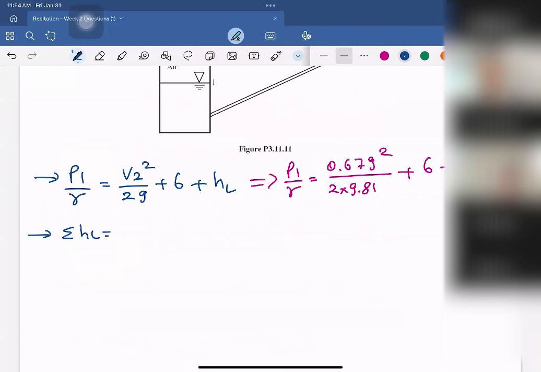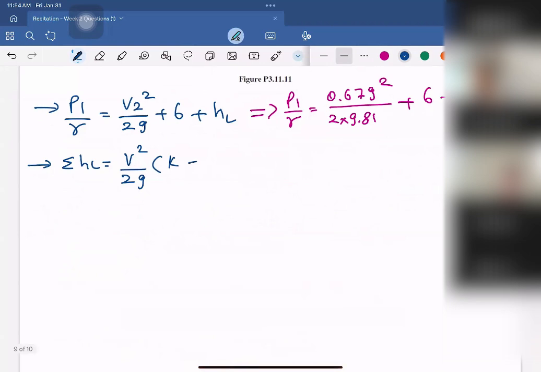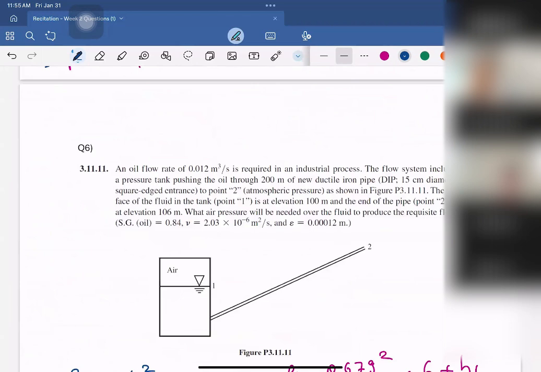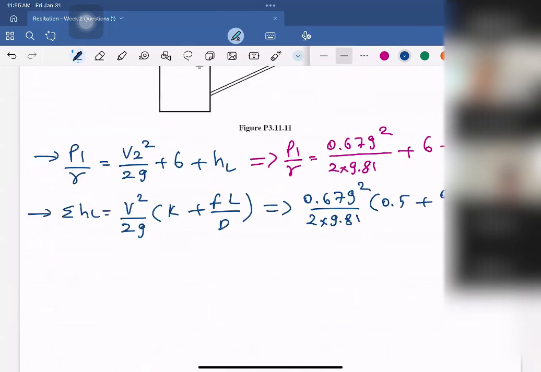And total head loss is, again, we can use v square over 2g times k plus fl over d, which gives us, k was 0.5 and f is 0.024 times length is that, over diameter was.